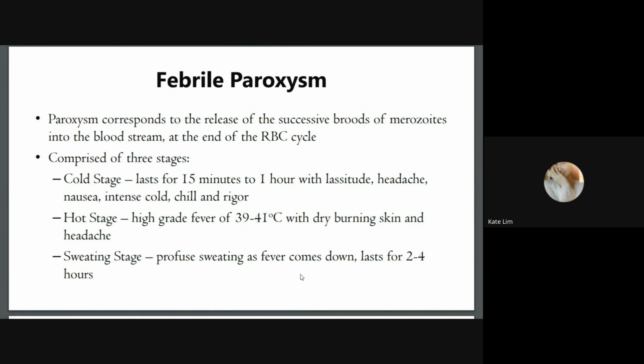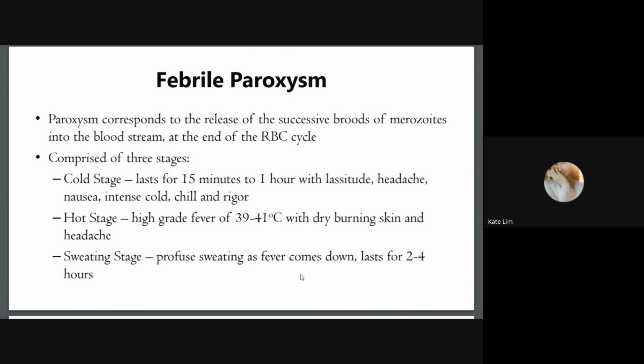Now, class, here's an important note that I want you to remember. Paroxysms don't always happen at regular intervals. The timing can vary depending on the species of Plasmodium. As I have mentioned a while ago, Vivax, Ovale, Falciparum, we have tertian malaria, we have quartan malaria for malariae, quotidian for Knowlesi.